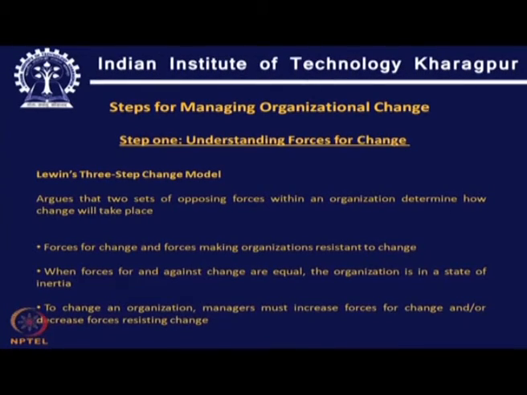One is forces for change, and the other oppositely acting force is forces making organizations resistant to change. So when both these two forces, forces for change and forces against change, are balanced with each other, the organization is in a state of inertia.